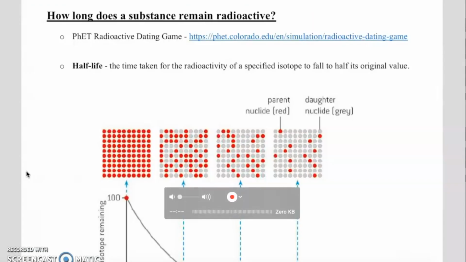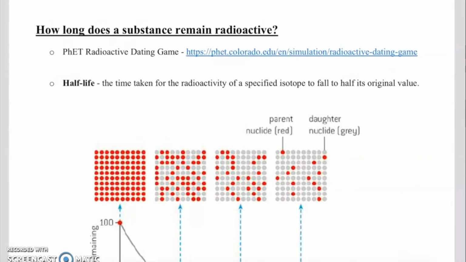So let's take a moment to define half-life. Half-life is the time taken for the radioactivity of a specified isotope to fall to half its original value. And this is why we call it half-life. Each time is going to get halved and halved and halved.